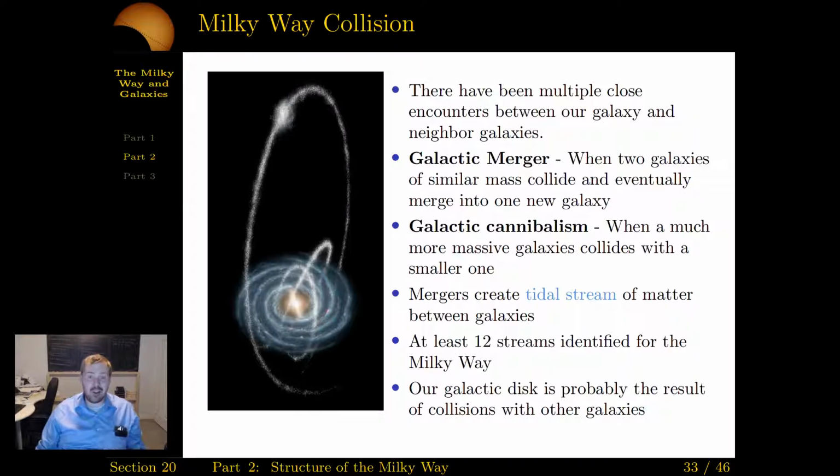So for the Milky Way, we've identified at least 12 of these streams of matter being pulled from other smaller galaxies. In fact, our galactic disk, the very material we live in, is probably a result of multiple collisions with other galaxies. So in local parts of the universe, galaxies are constantly moving towards each other, merging, cannibalizing, and being stuck together.